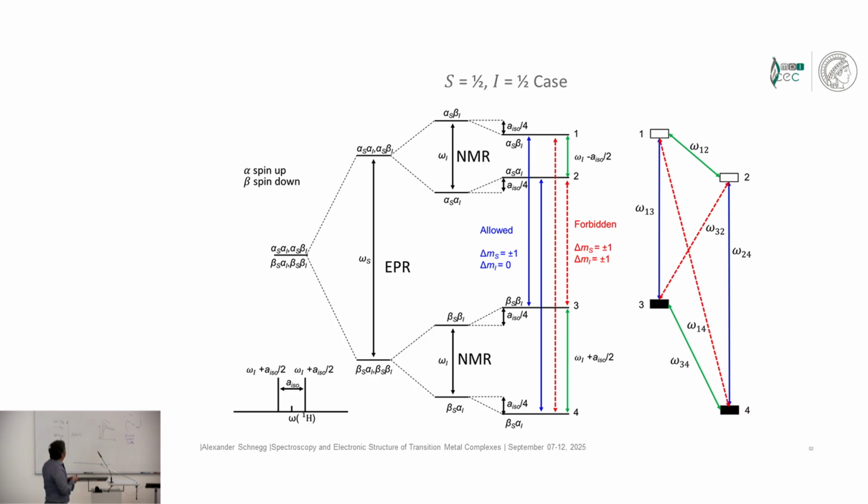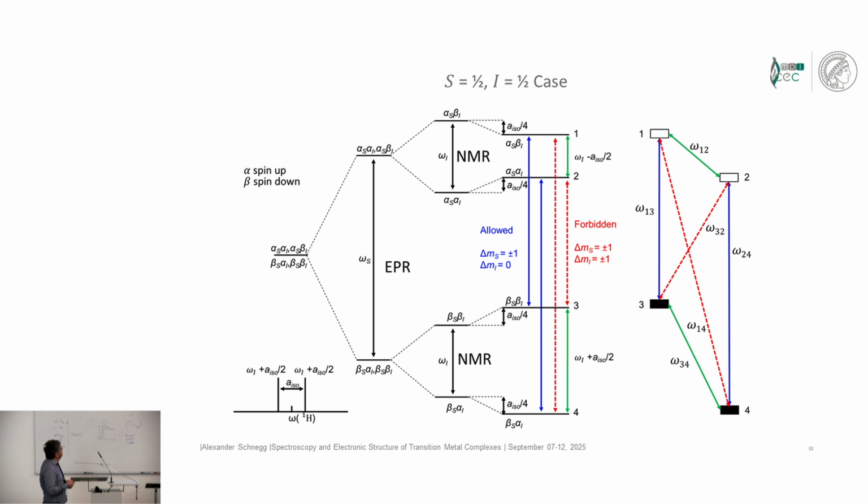And I've shown this already. This is the EPR transition. In addition, if we have nuclear spins, they are of course exposed to an external magnetic field, and if we apply radio frequency, we can also flip them. And if we couple the two spin systems, we get the level scheme which we have already seen before.